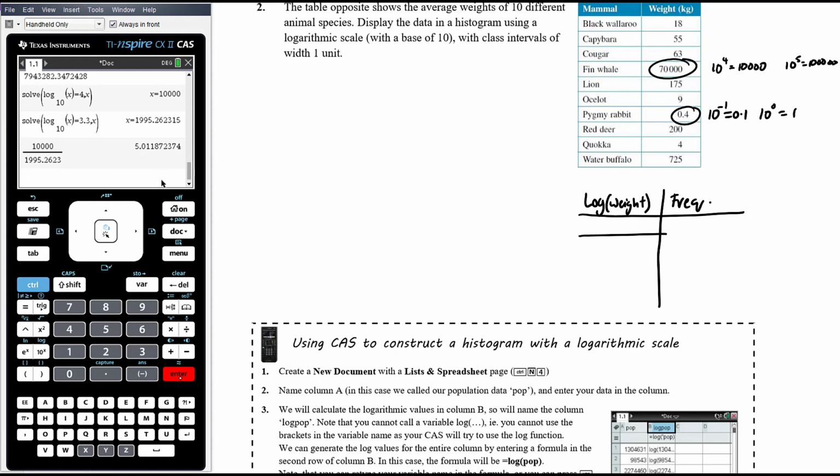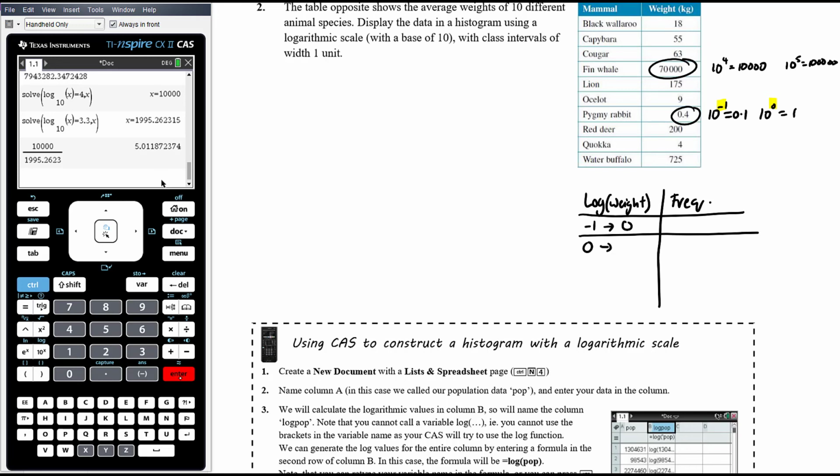And we're going to need to go from -1 up to almost 0. Sorry, I'm confusing myself. So the powers are what we're recording. So -1 to 0 is the smallest grouping I need. And it won't actually be up to 0. The 0 will be in the next category.